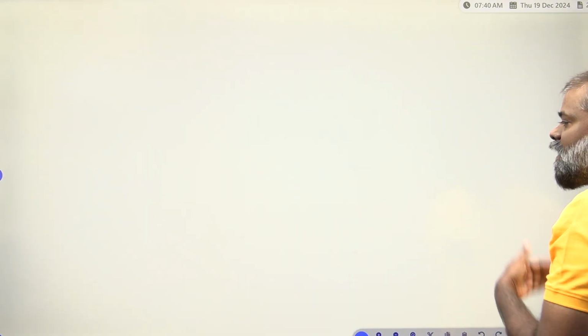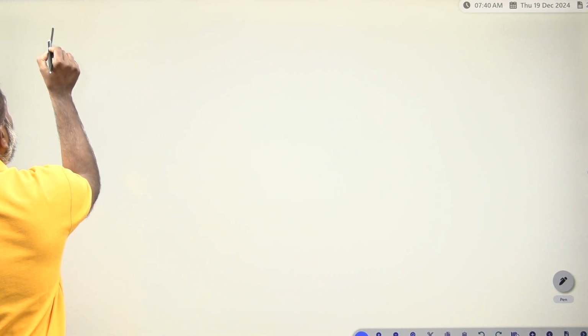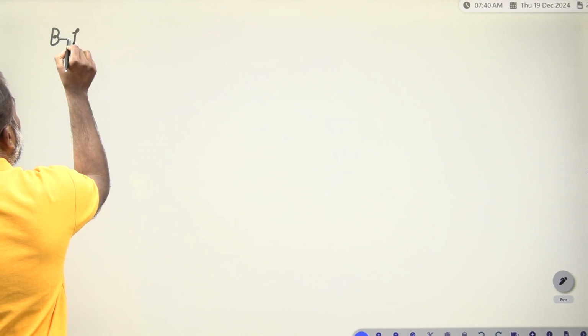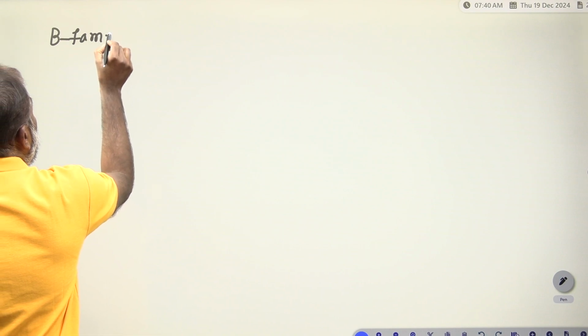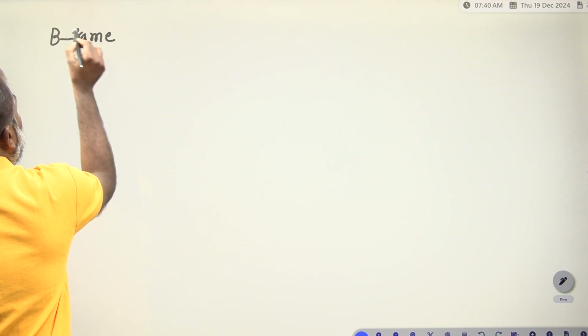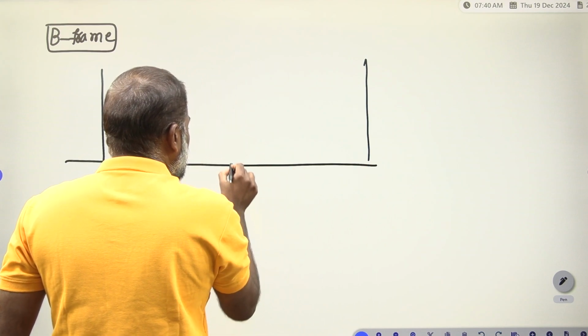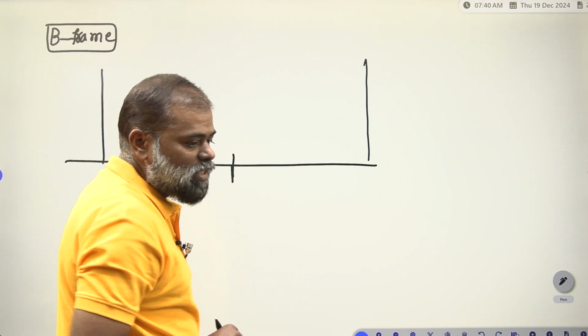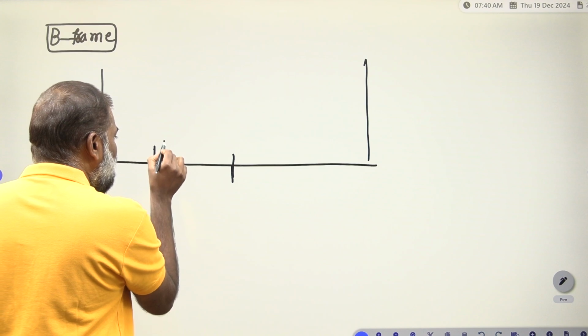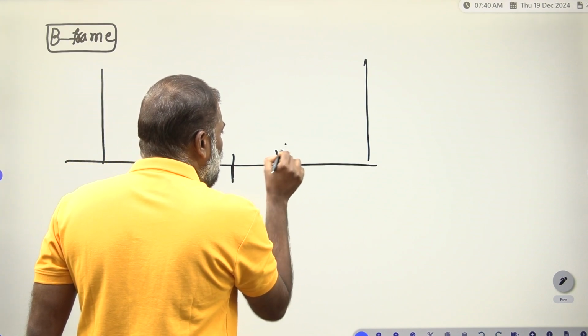Now, not only this one, you have to consider the B frame. How do we consider the B frame? This is the center, you have to take a center. This length is L dash, and this length is also L dash.